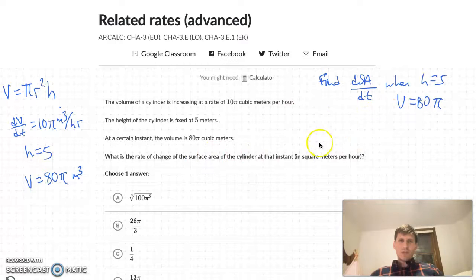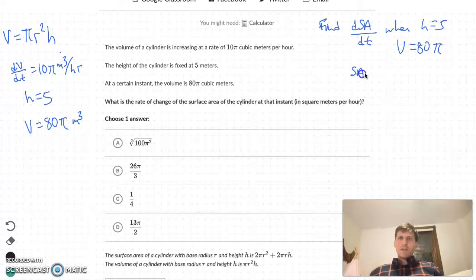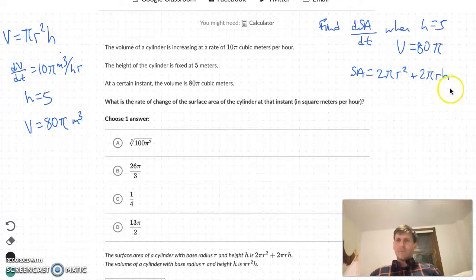So the surface area of a cylinder, I think they give us these equations down here. This equation, 2 pi r squared plus 2 pi r h. However, h is 5, so it'll just be 10 pi r, because 2 times 5, plus 2 pi r squared.